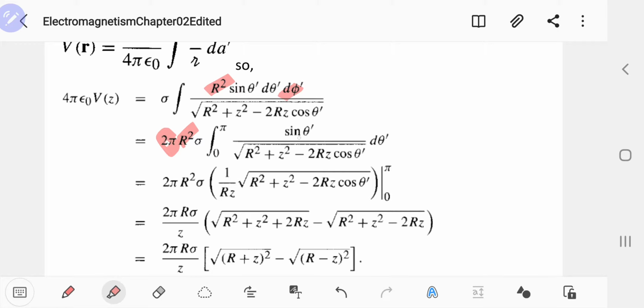So you have sine theta prime d theta prime, and the expression in the denominator is a function of theta prime also.